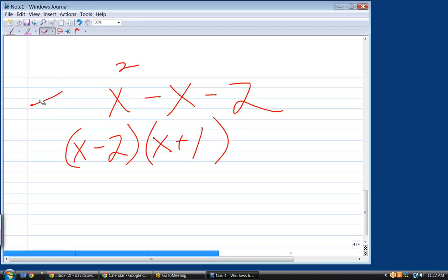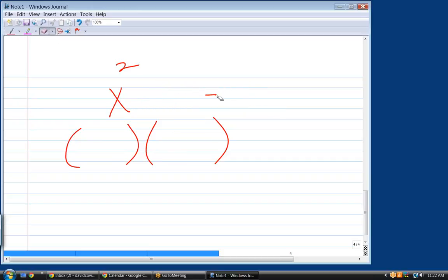So let's go through factoring. This is also what I call a, let's start with a slightly easier one. Okay, let's factor that quadratic.